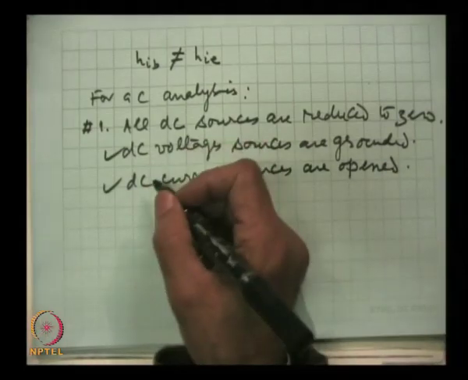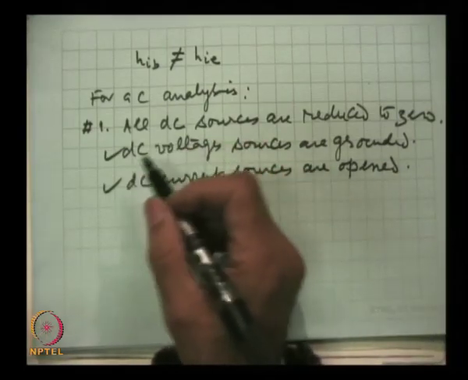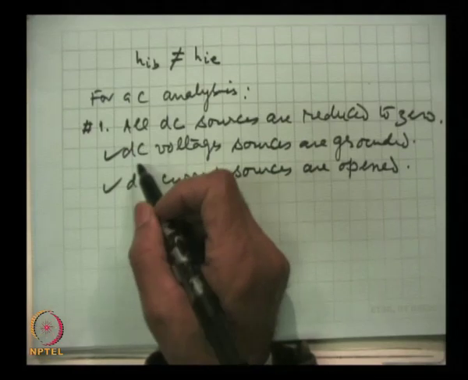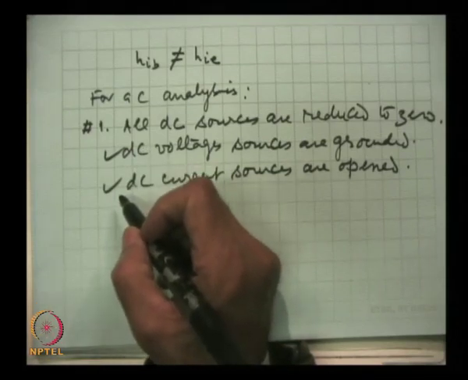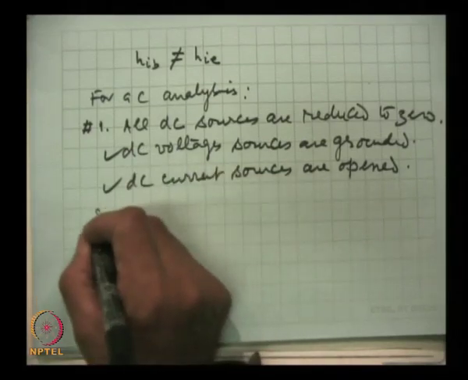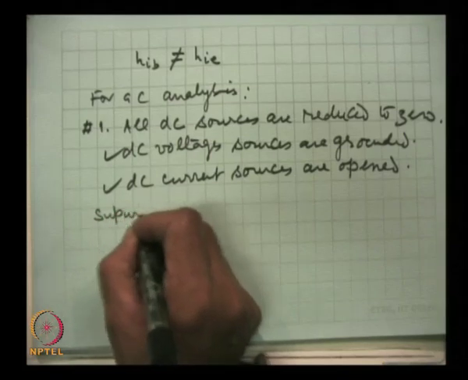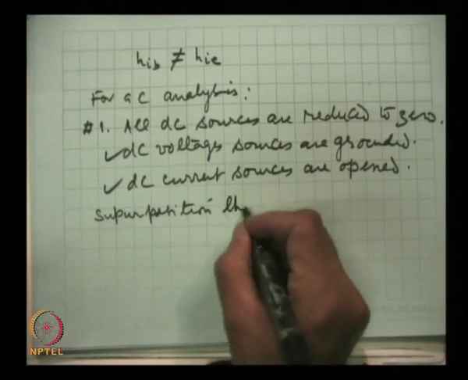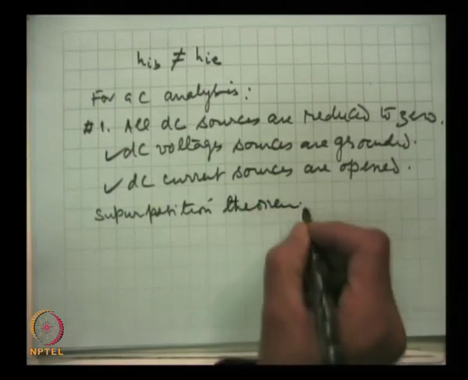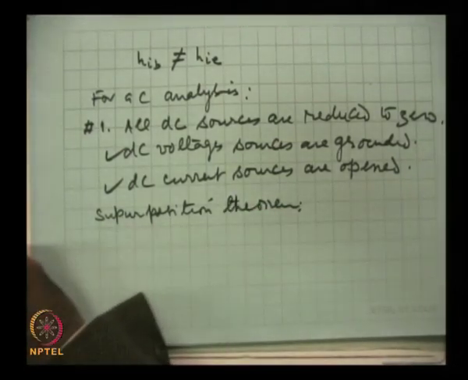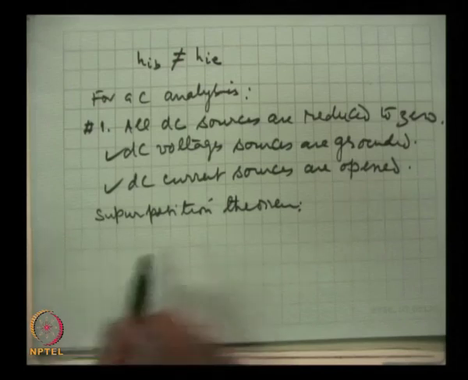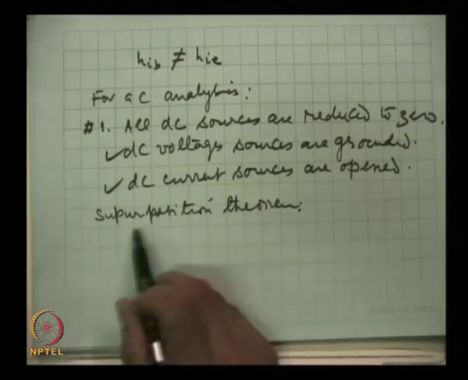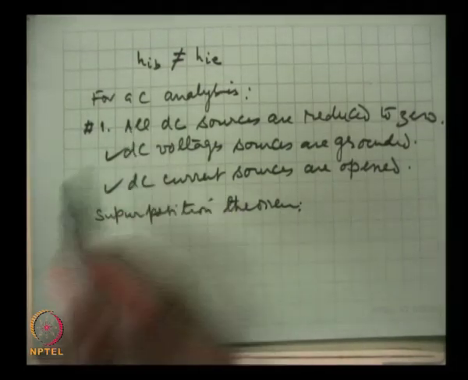This is the rule of the analysis, and of course, when we want to know the effect of this DC, we can use the superposition theorem. The superposition theorem is very widely used in the analysis of electronic circuits, and this we will see when we come to this point. So, this is the first point.